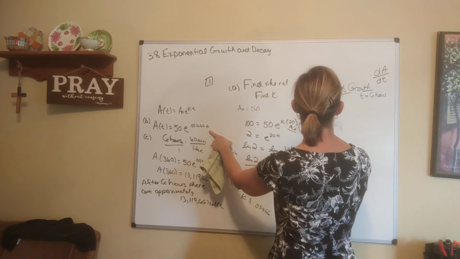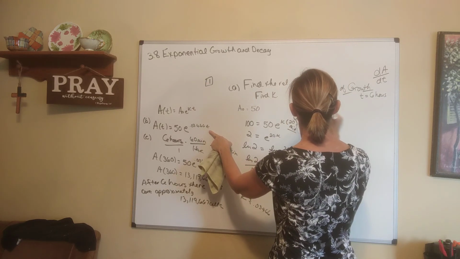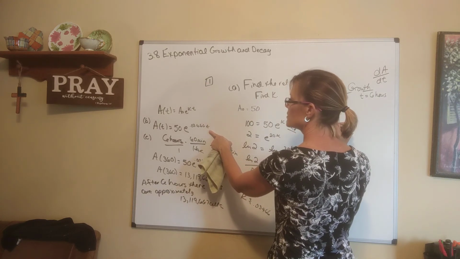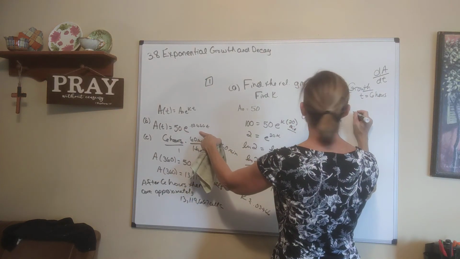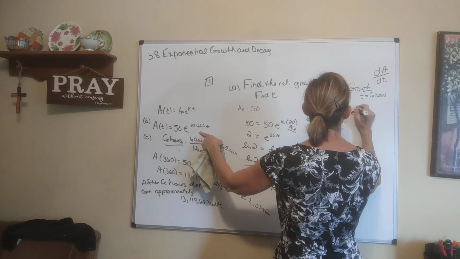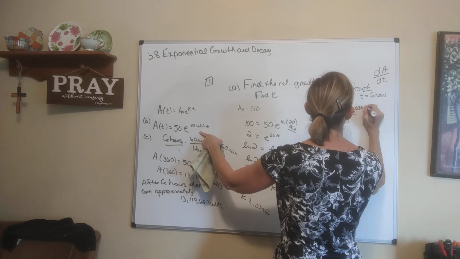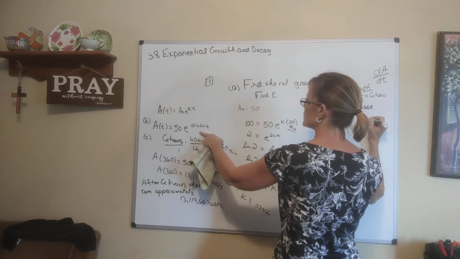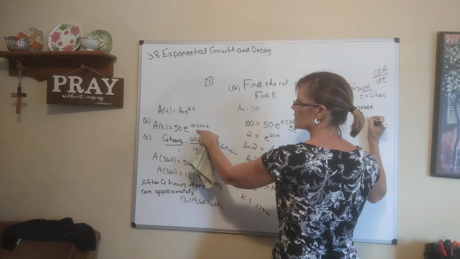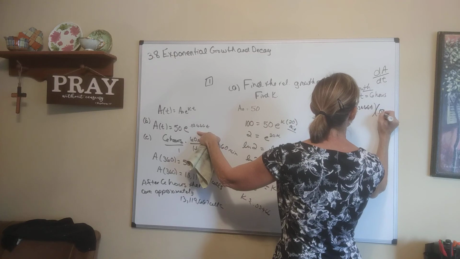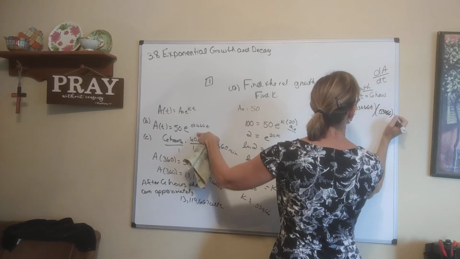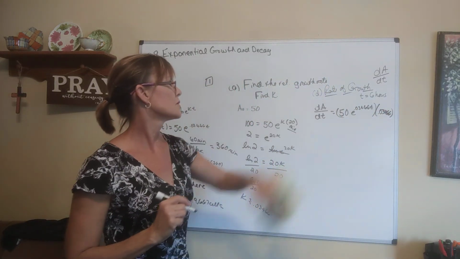What is dA/dt? Well, this is an exponential function, so this is a constant, 50, e to the 0.03466t is its derivative times the derivative of this. There's a little bit of chain rule, so we say this times 0.03466. So that is its derivative.